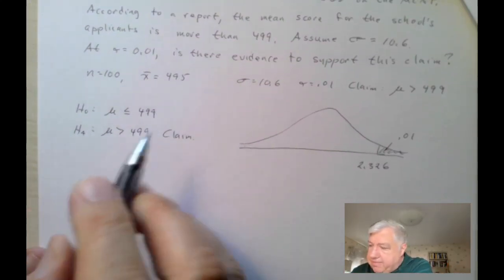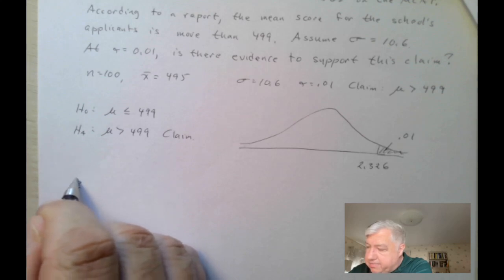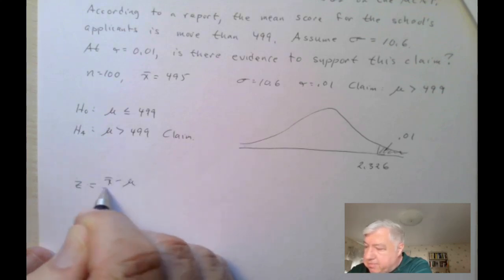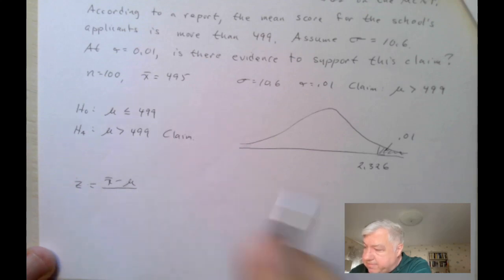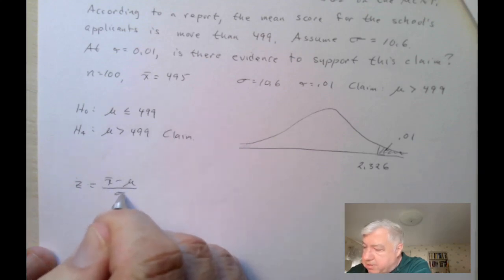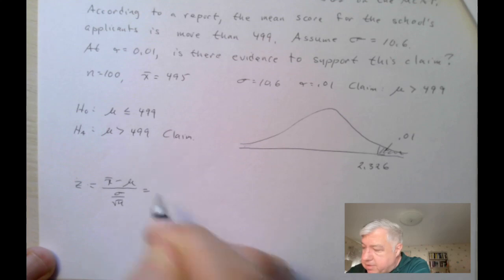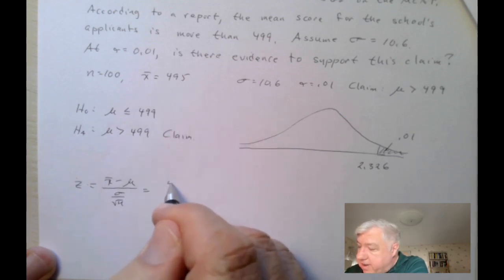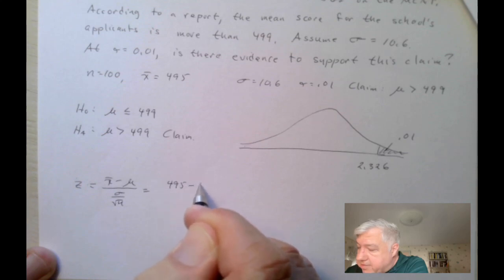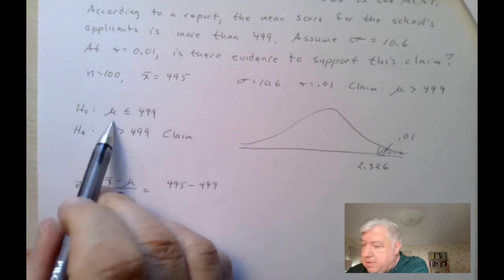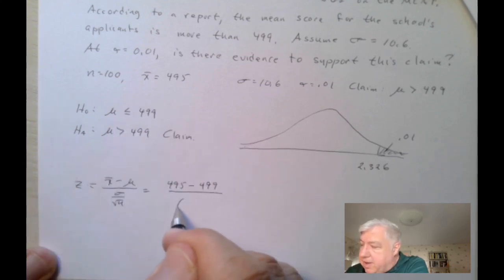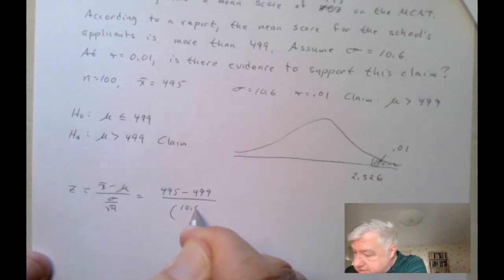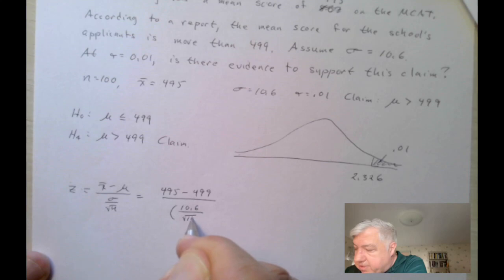Then z is again x bar minus mu over sigma by the square root of n. So this is 495 minus 499, divided by sigma, 10.6, divided by the square root of 100.